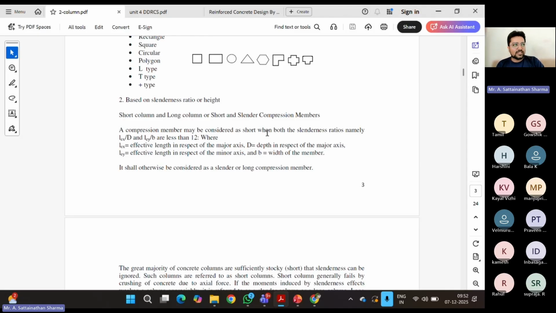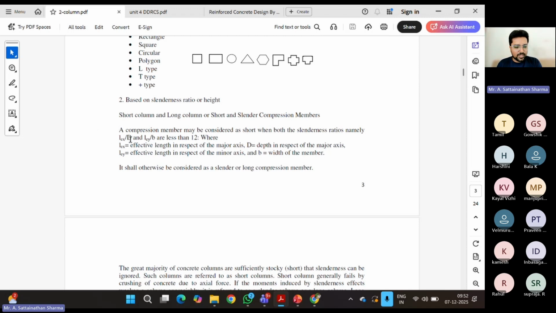When L by B ratio or L by D ratio is less than 12, then we call it a short column. So less than 12, lesser, short. If it is greater than 12, then it is a long column. That's all. Very, very simple. Here you will have a doubt.